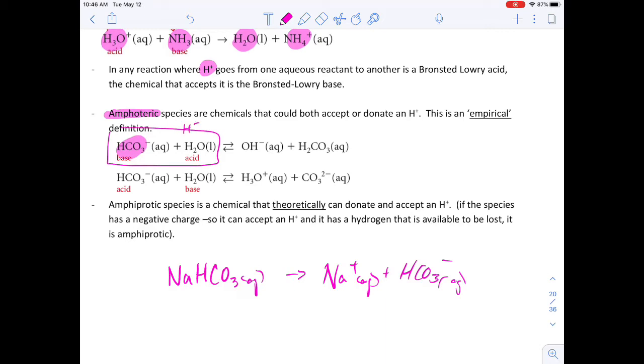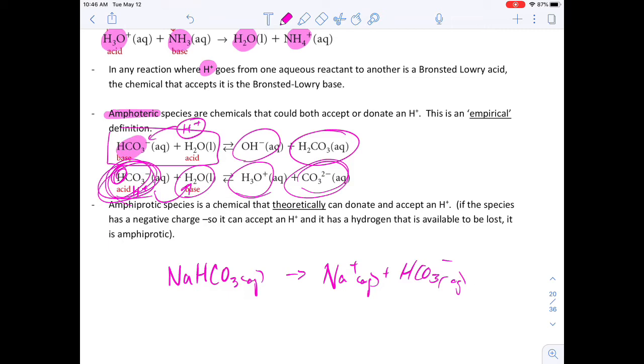The hydrogen ion, the proton, goes to the hydrogen carbonate to make carbonic acid, and the water becomes hydroxide. You could also have hydrogen carbonate react with water, and this hydrogen here is donated to the water, so water becomes hydronium, and the hydrogen carbonate, which was the acid, becomes carbonate ion. So amphoteric species can accept or donate a hydrogen, and this is an empirical definition.